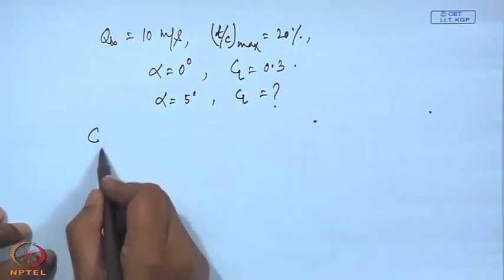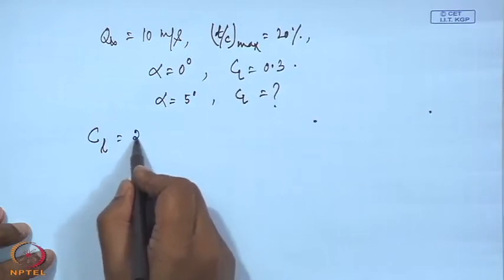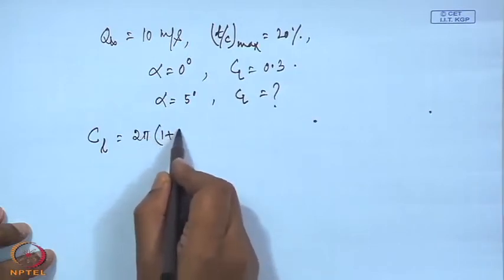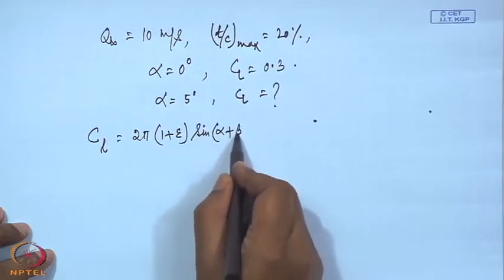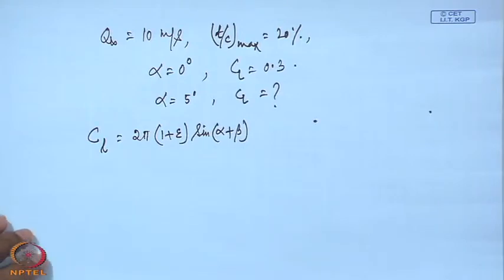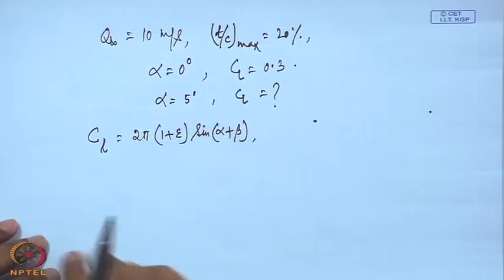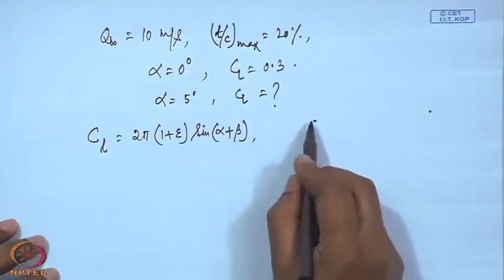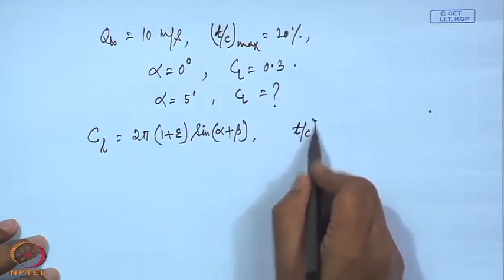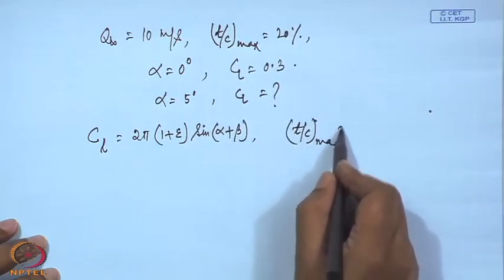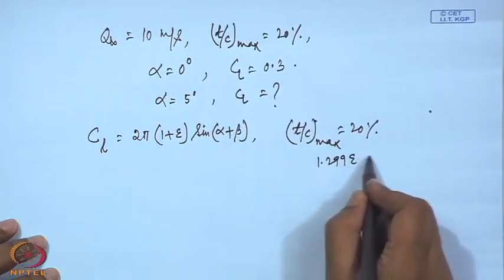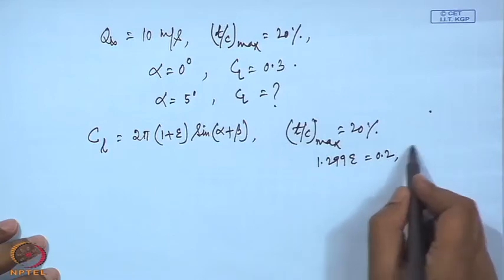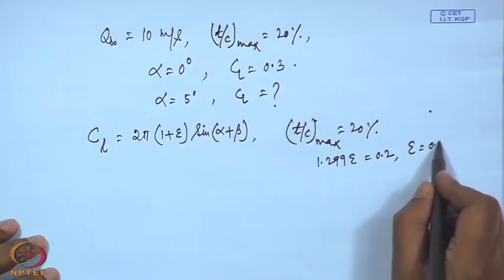Now, lift coefficient is given as 2 pi into 1 plus epsilon sin alpha plus beta. Epsilon is related to that T by C max. So, T by C max 20% leads to 1.299 epsilon equal to 0.2 or epsilon equal to 0.154.